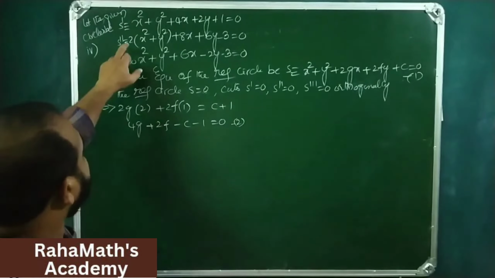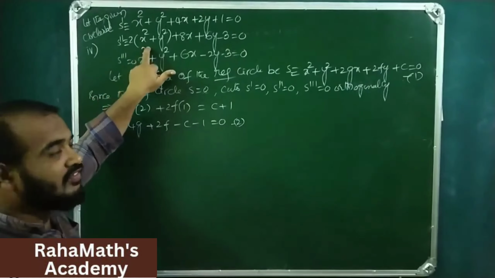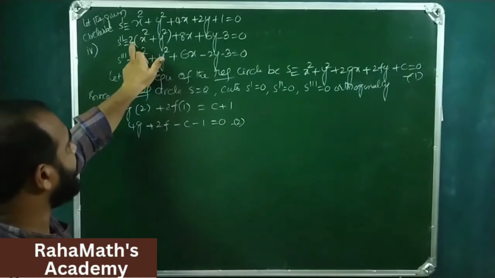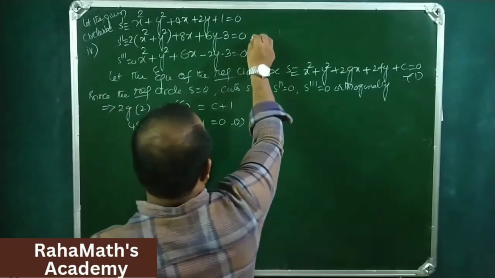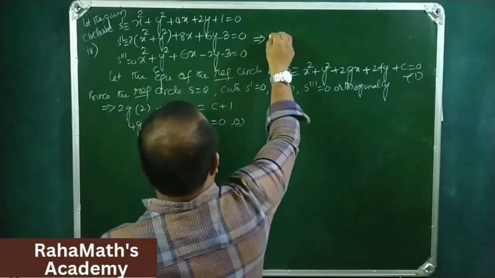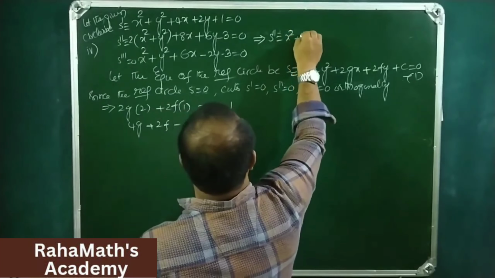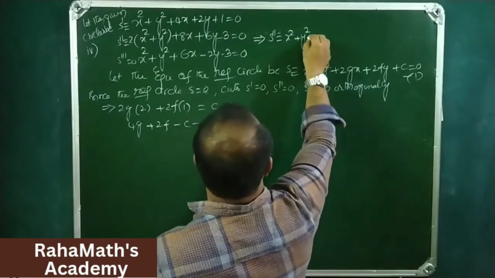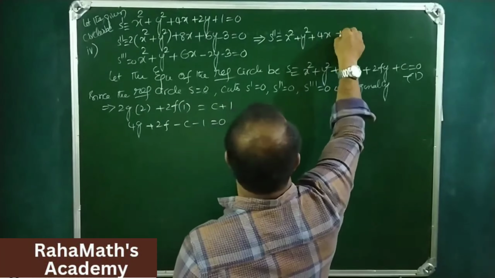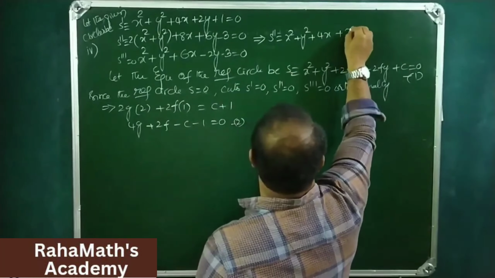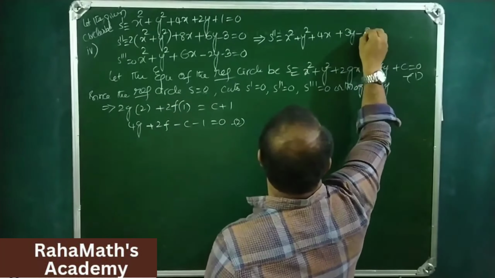Next, this is not the general equation, for which we need to divide this by 2. Then S double dash is x square plus y square plus 4x plus 3y minus 3 by 2 equals to 0.